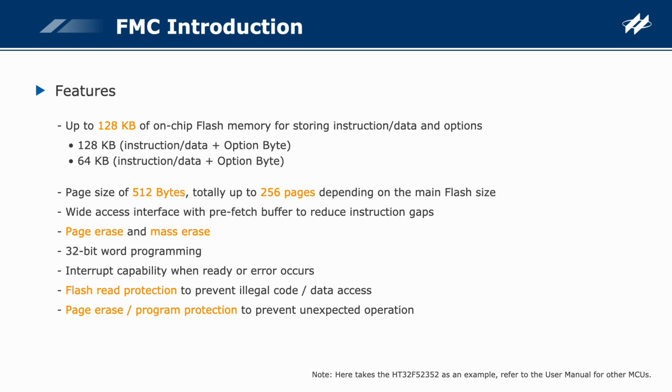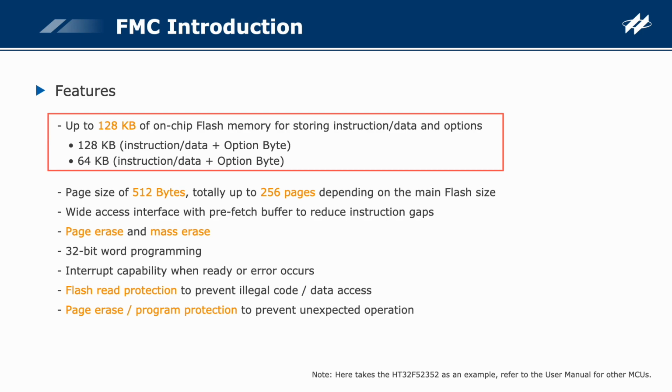In the HT32 F52352, the flash memory consists of up to 4 KB block for bootloader and 128 KB main flash, of which 127.5 KB are used to store instruction or data, and 0.5 KB are used to store the option byte.